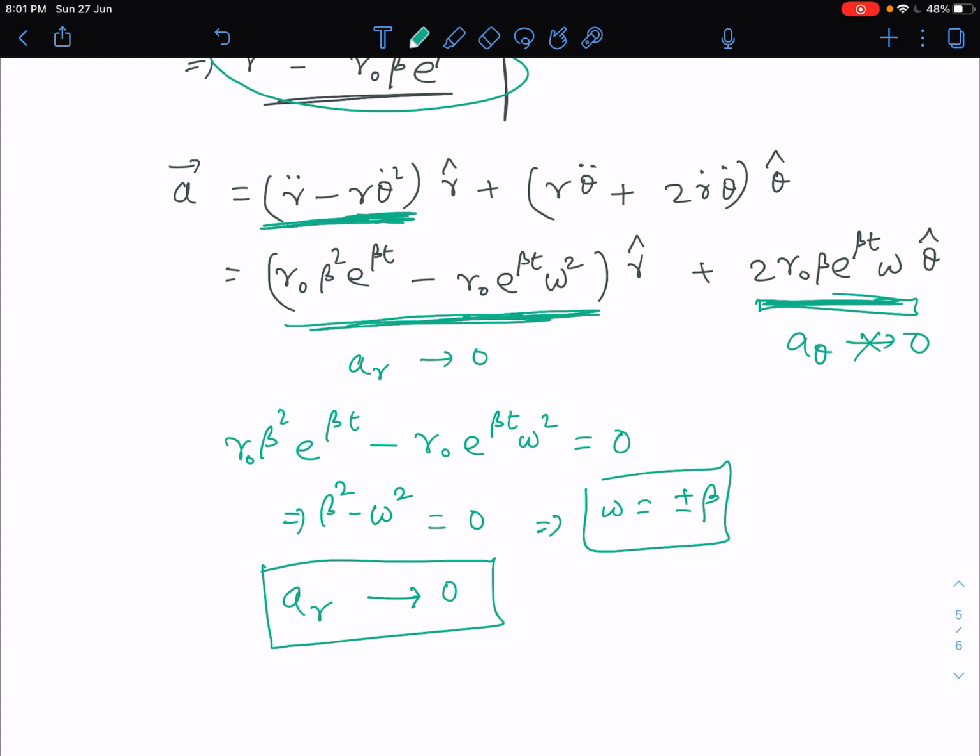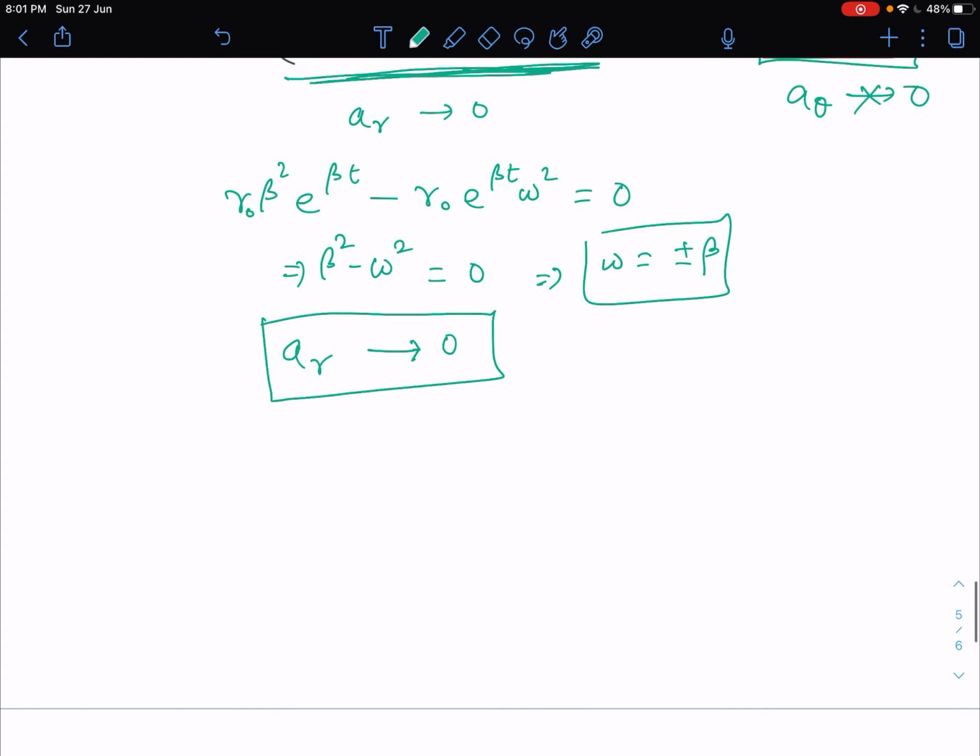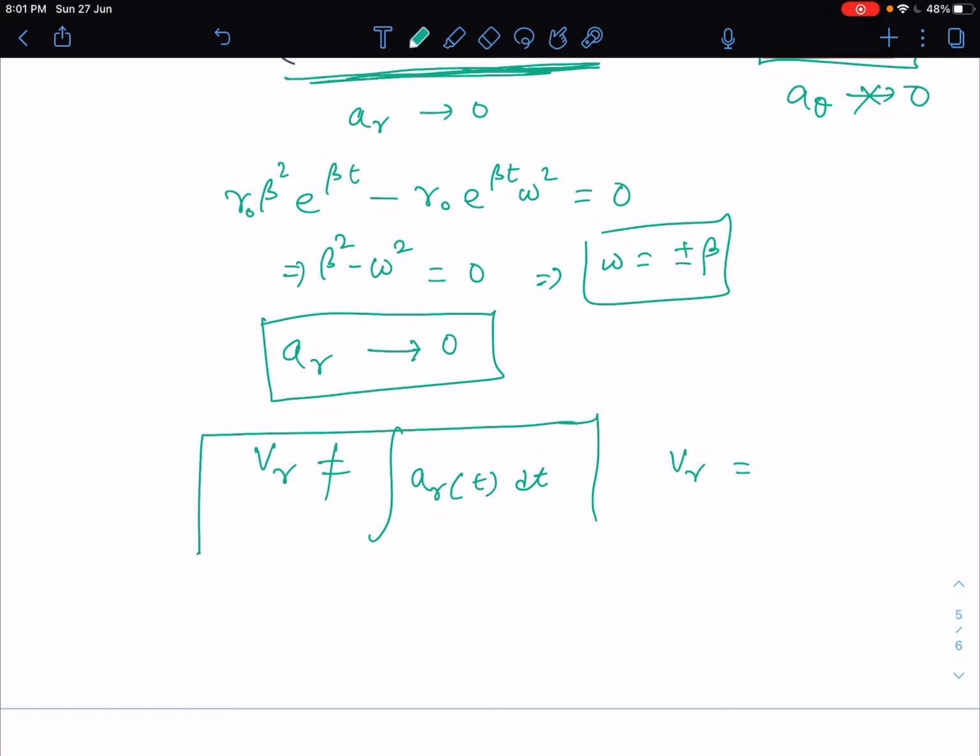It is important to note that in polar coordinates, unlike in Cartesian coordinates, Vr is never equal to the integral of ar dt. In this case Vr, that is r dot, is r naught beta e to the power beta t, which is increasing rapidly with time.